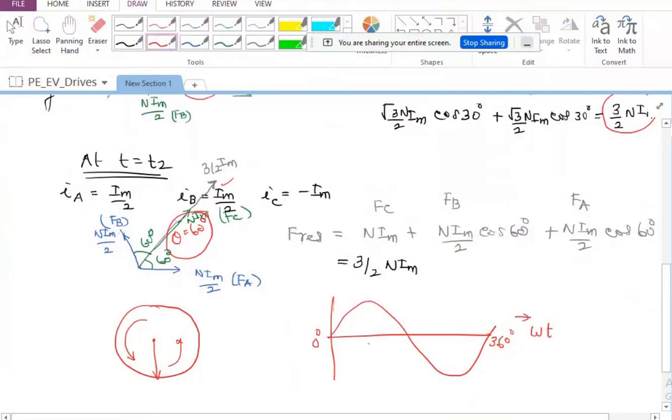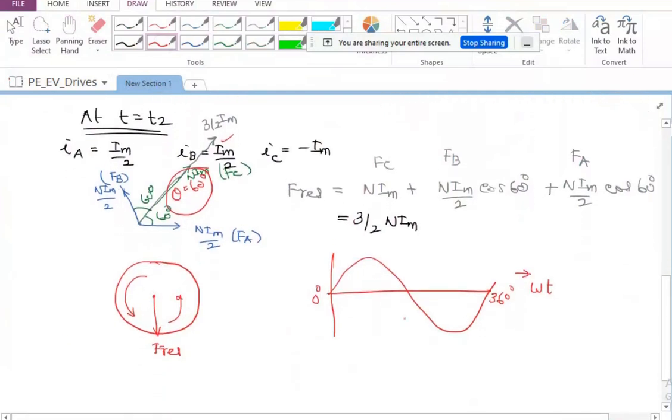If omega t has traversed one cycle, at the same time the resultant flux would have traversed a 360-degree rotation completely along the stator's cross section.